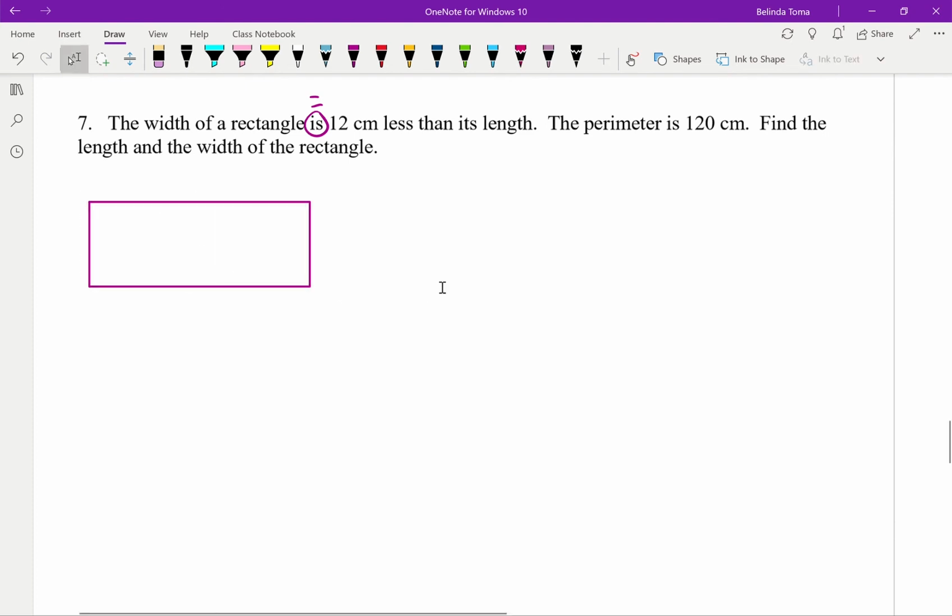And so now that I have that, I'm just going to label it. It says the width is 12 centimeters less than its length. So I am going to say that x is my length, and the reason I'm using x instead of L is because I find L a little bit tricky.